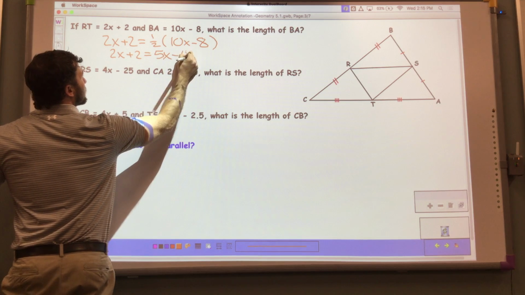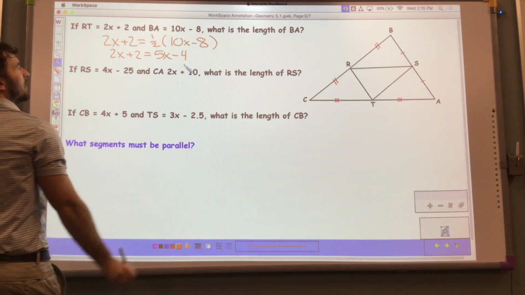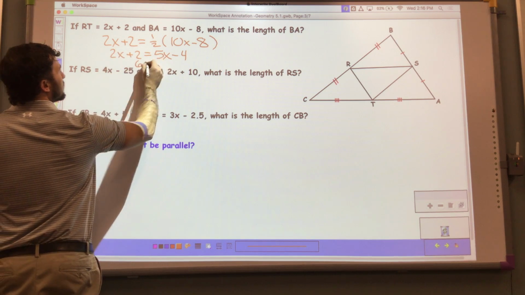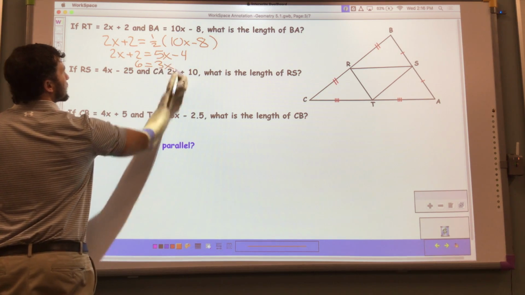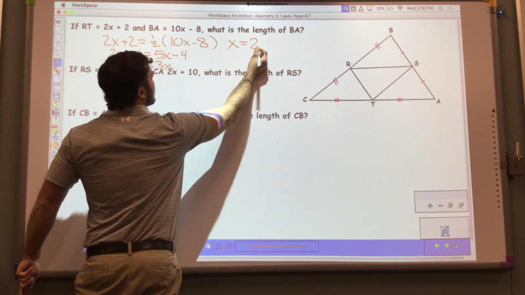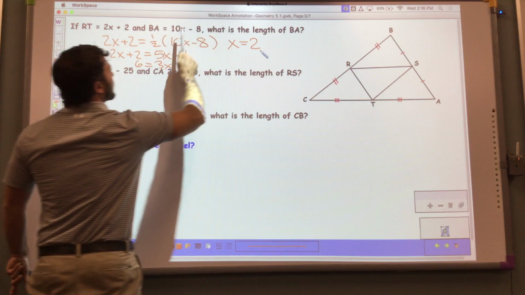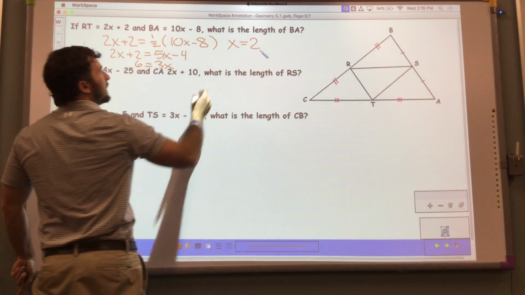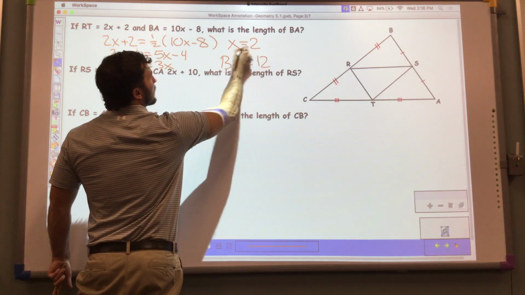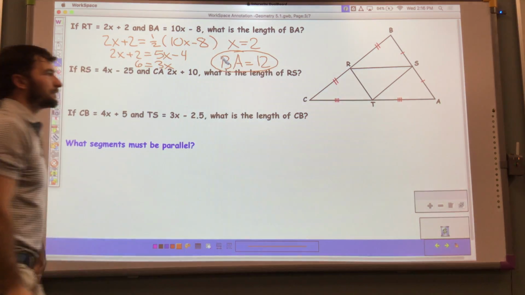Half of negative 8 is negative 4. You can add 4 to this side to get 6. Subtract 2 here to get 3x. And then divide by 3. x would be 2. Which means BA, if we plug it in, 10 times 2 minus 8 is 12. So that's one way to do it.